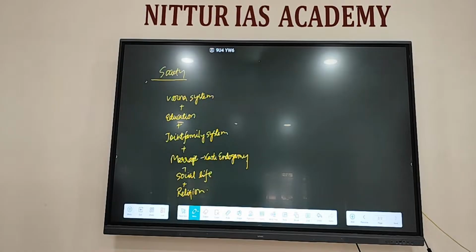That is an inscription. Till the British time, the sati system was prevalent.